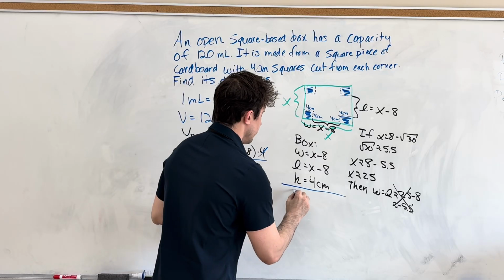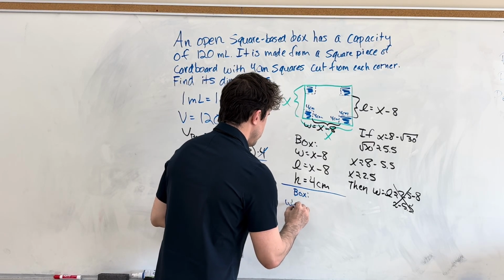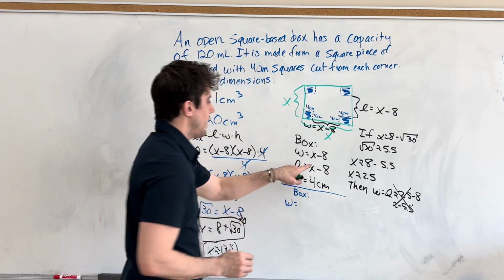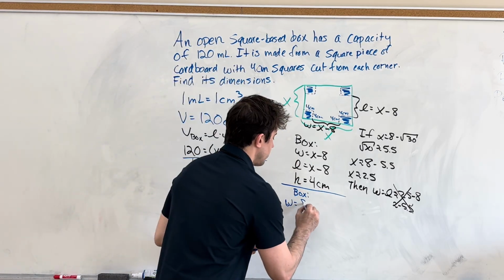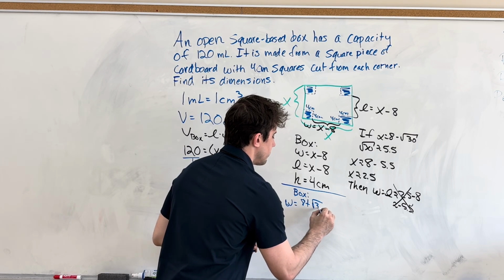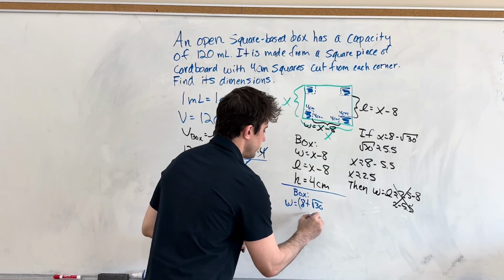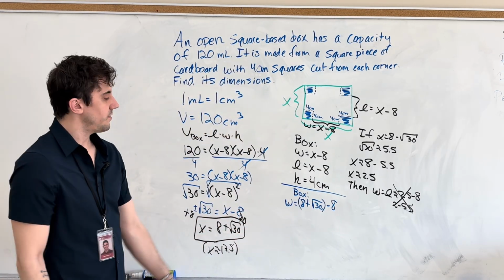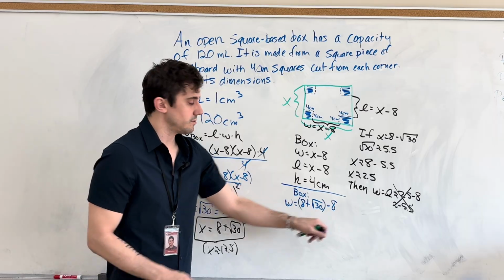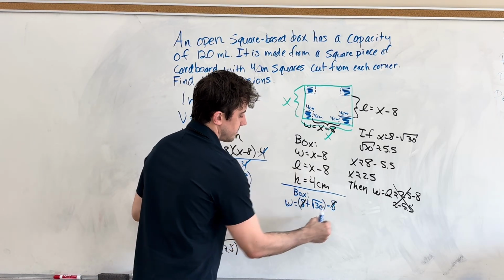So for the box, its width is x minus 8, meaning 8 plus root 30 minus 8, right? X minus 8. And you'll see that very conveniently the 8 cancels out, right? 8 plus root 30 minus 8 cancels out.